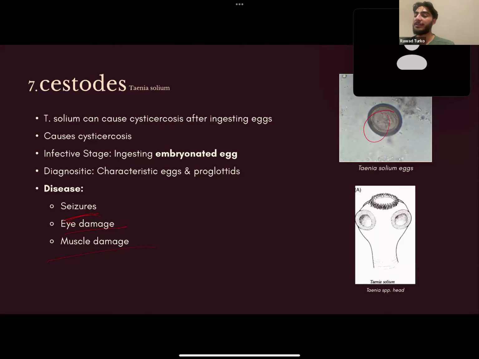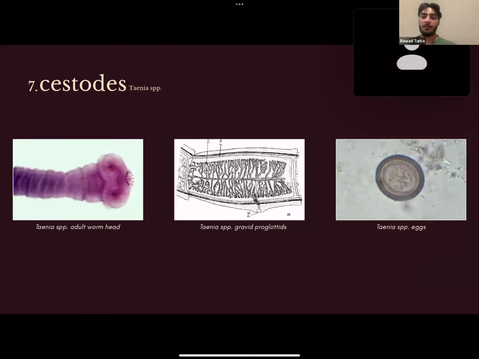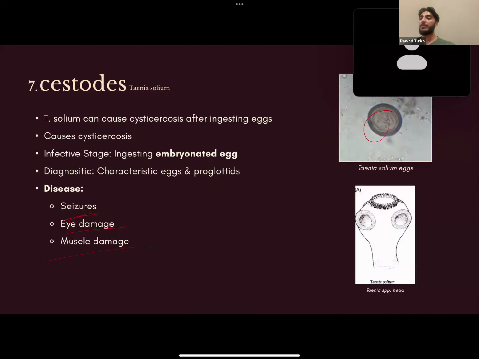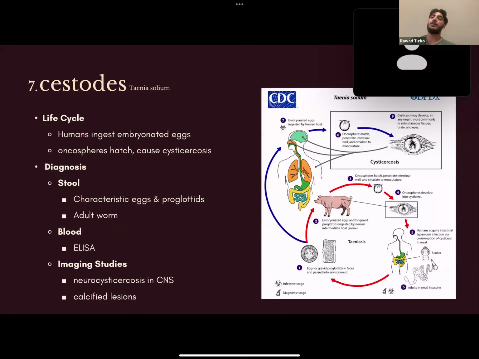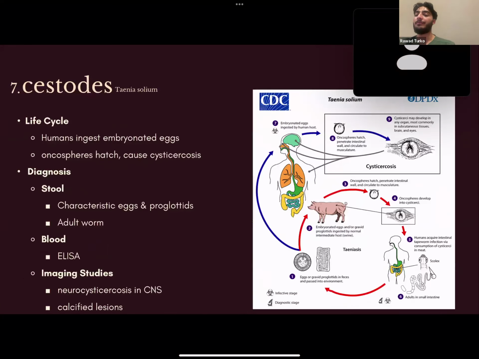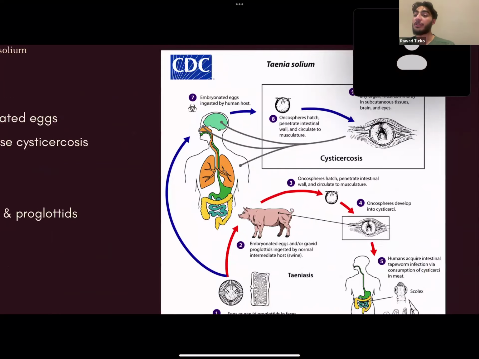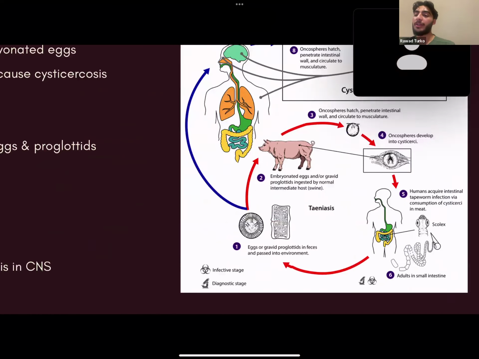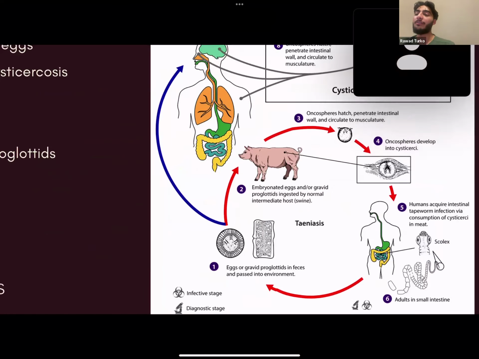And this is what the head of the Taenia solium looks like. I think this one right here is Taenia solium. There's another picture later on that'll show you what they both look like. Inshallah. So again, this is the life cycle for cysticercosis. So you're going to get these eggs in the feces of other, or for example, eggs.